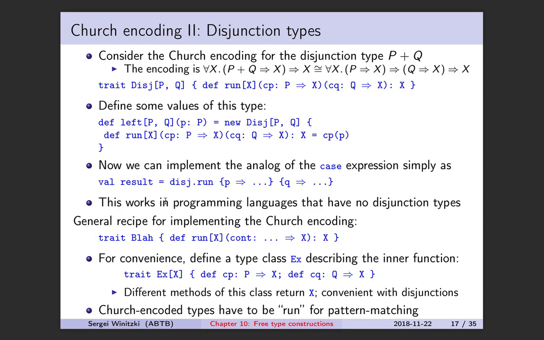And so actually I have heard that people have used this trick, the church encoding, for implementing disjunctions in JavaScript. The Go language also comes to mind as a very primitive type system. And I'm not sure how, but with generics it would certainly be able to implement disjunction types. Java could do this too.